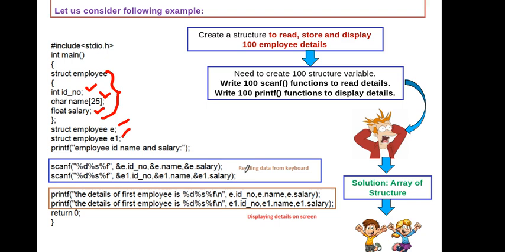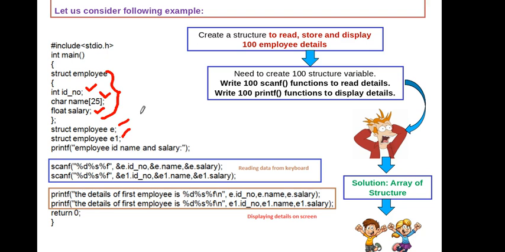We have written two scanf statements to read the two employee details, and two printf statements to display the information of the two employees, right? So overall this program will read the two employee data, store it in the respective structure members, and display the information on the screen.